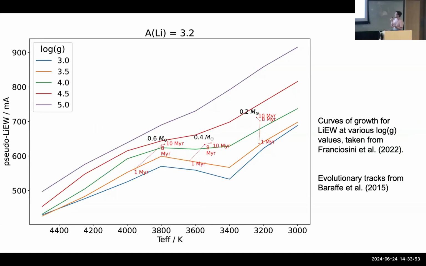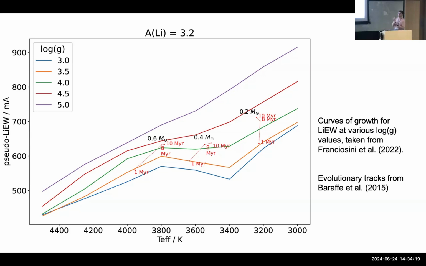There are a few reasons why, astrophysically, this may make sense. We don't expect any depletion at these points. I don't think there are any evolutionary models that would allow for depletion at those young ages. But we might expect changes in equivalent width from different effects. Here we've got the lithium equivalent width curves of growth from Franceschini and the evolutionary tracks from Baraffe 2015.